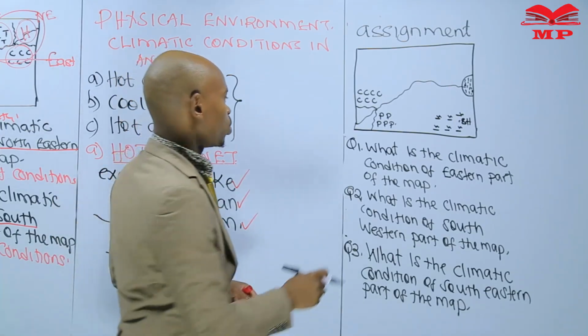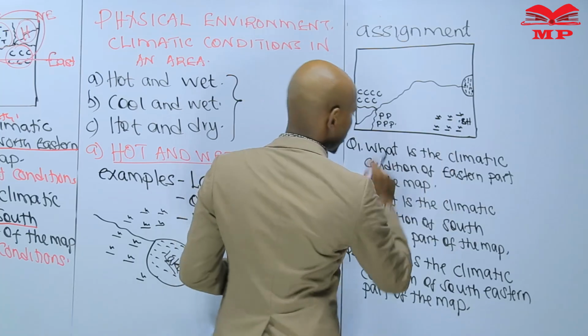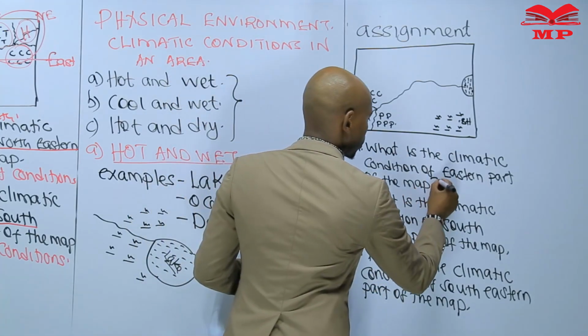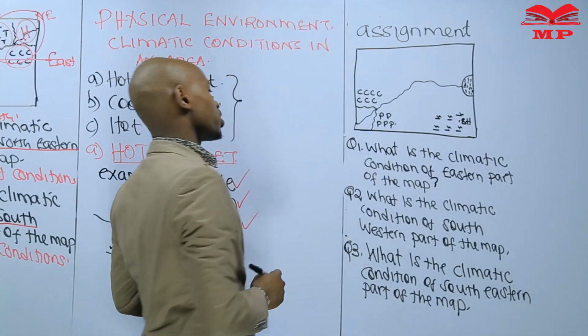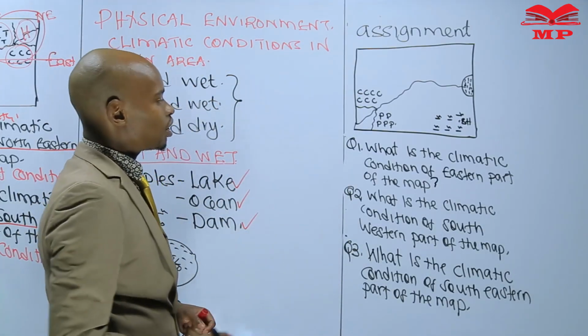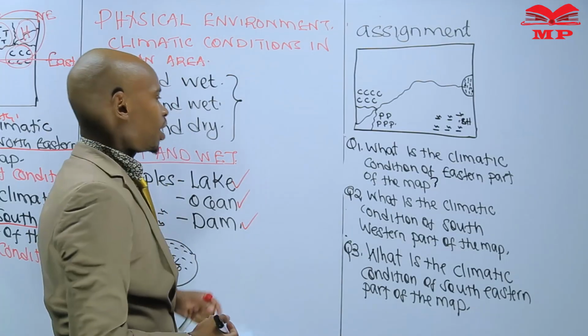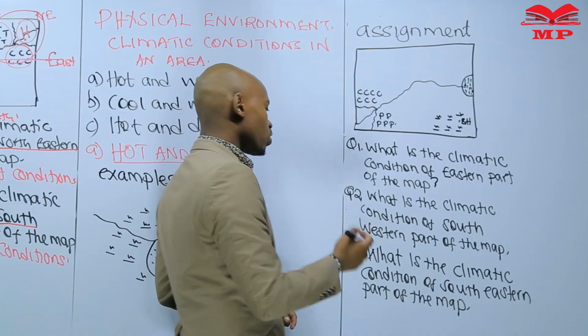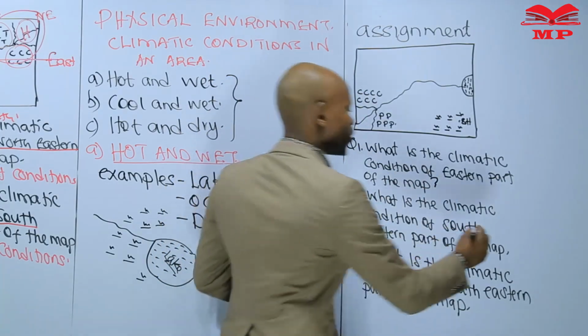So, question number 1, what is the climatic condition of the eastern part of the map? You'll go to the eastern, gather your evidence, and identify the climatic condition. What is the climatic condition of the southwestern part of the map?